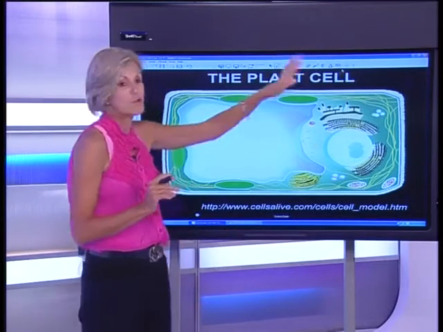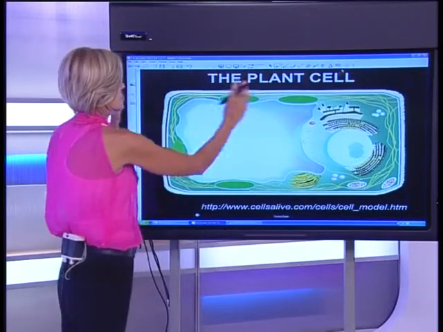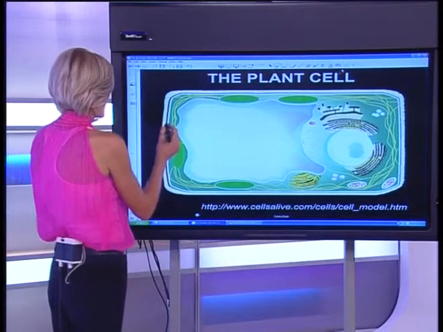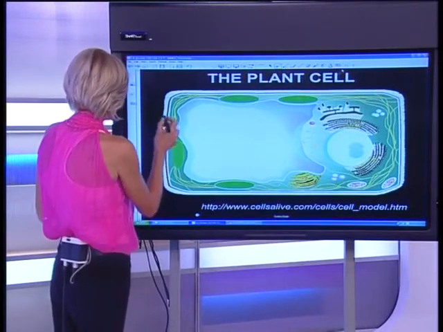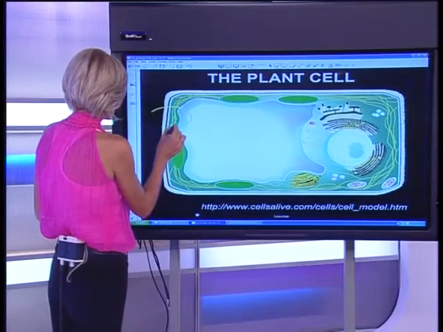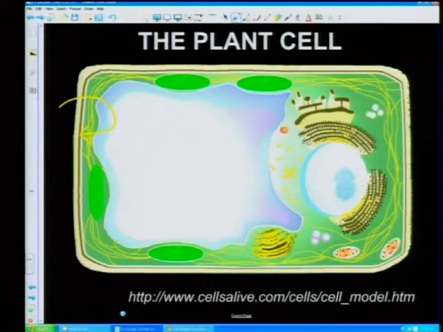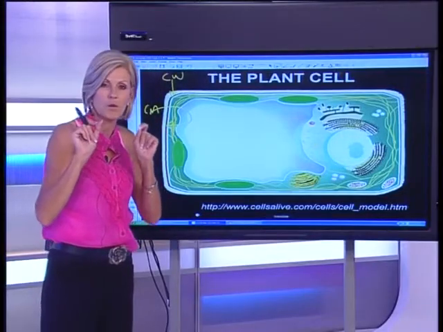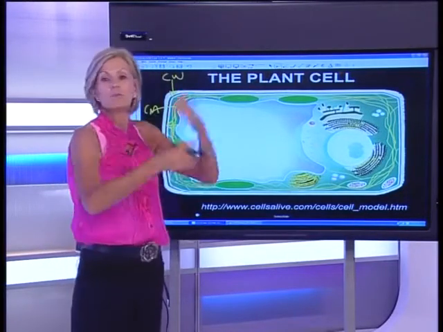All right, let's get to our plant cell. We had the cell wall, and then we had the cell membrane, which was the structure there. There's your cell wall, cell membrane, all right? And the cell membrane is partially permeable, where the cell wall was completely permeable.